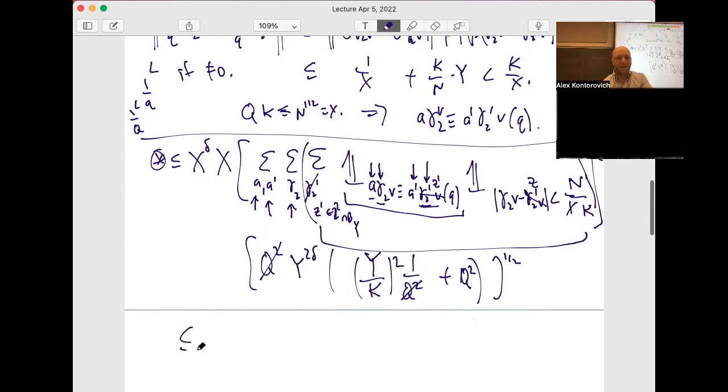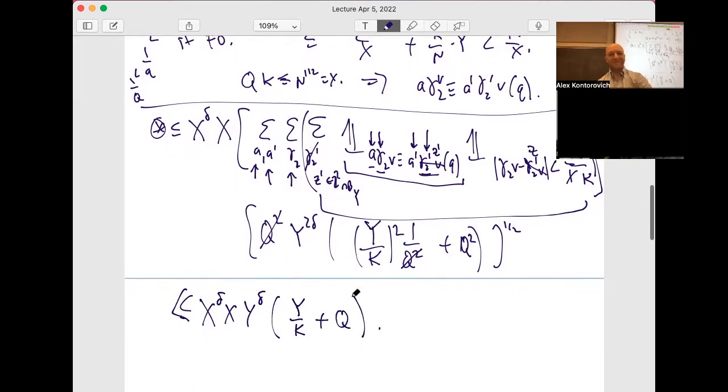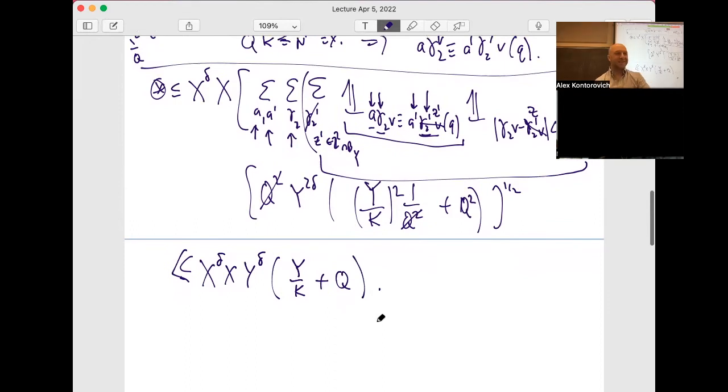So everything is bounded by x to the delta times x times y to the delta times, now I'm taking square roots, so this is y over k plus Q. Yeah, just in terms of big O. So what is this in the end?